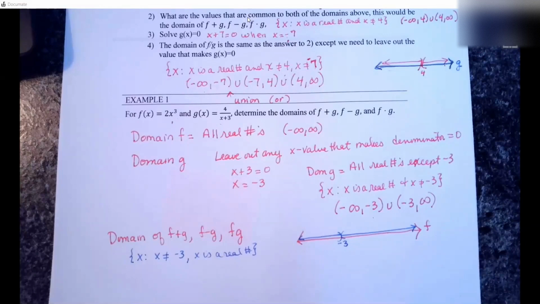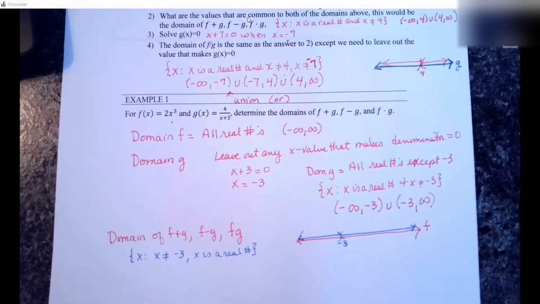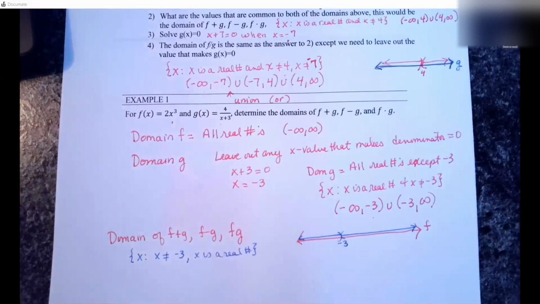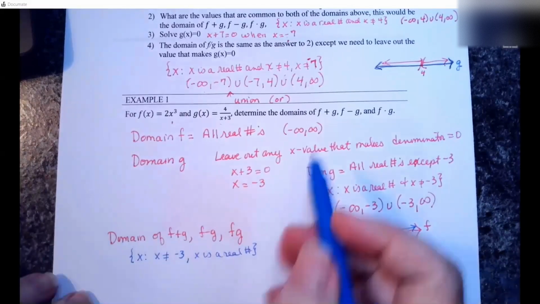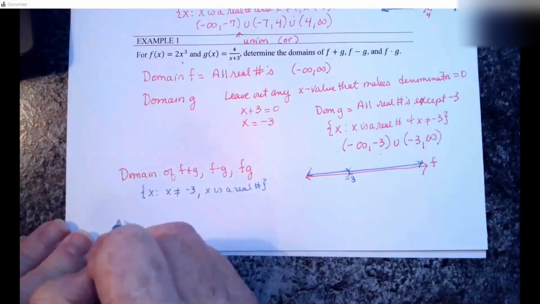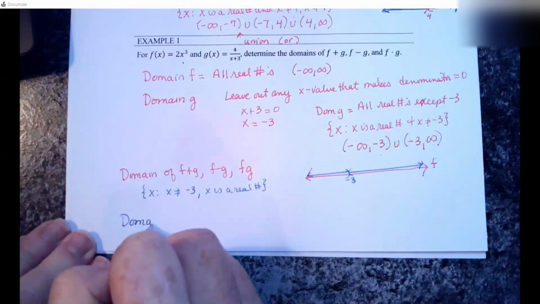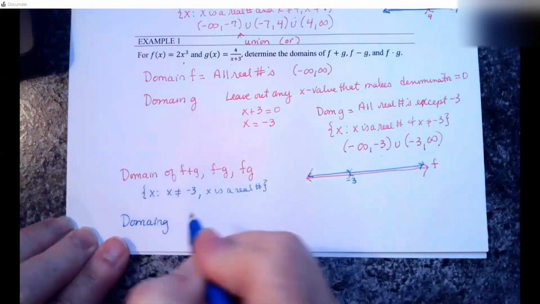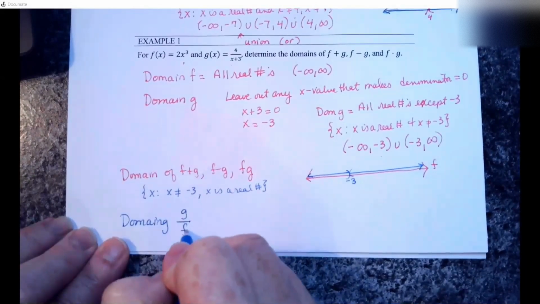Yeah, that's great. All right, now we want to find the domain of the quotient. Okay, I know you asked for it up here again. So let's find the domain of g divided by f.